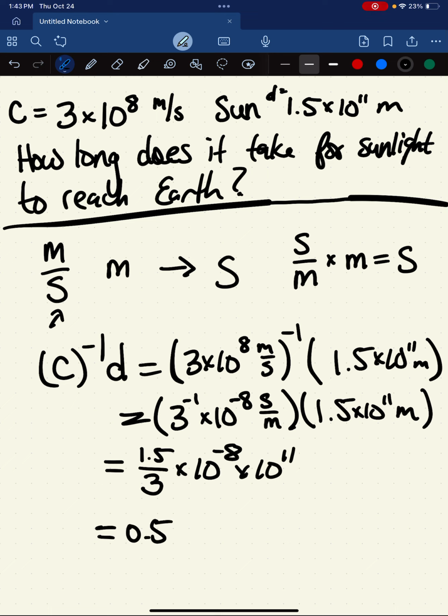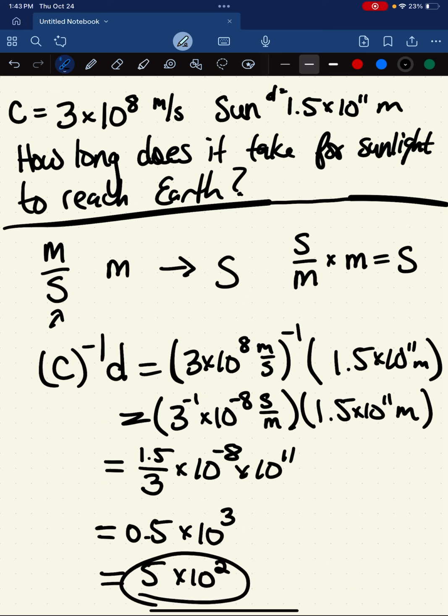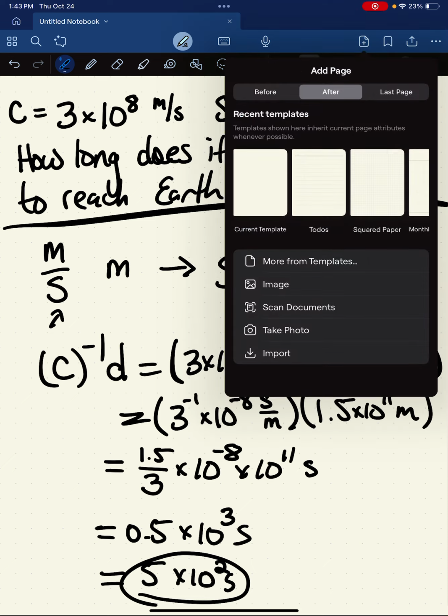Sorry, we're doing decimals. 0.5 times 10 to the -8 plus 11 is 3. We need to rescale this, and that gives us 5 times 10 squared. So, when did I drop my seconds? This is seconds, seconds, seconds. So 5 times 10 squared seconds.